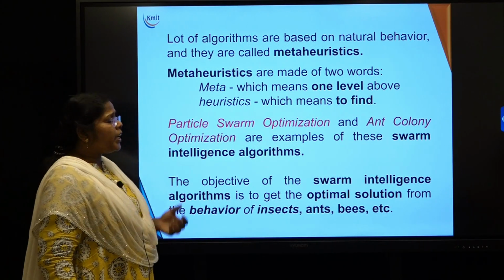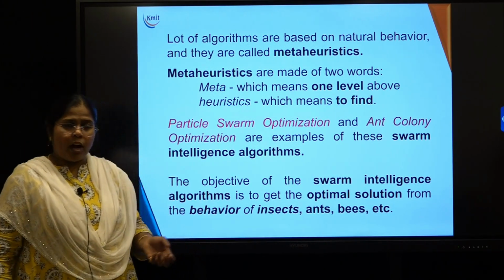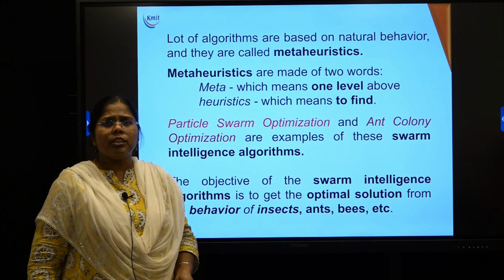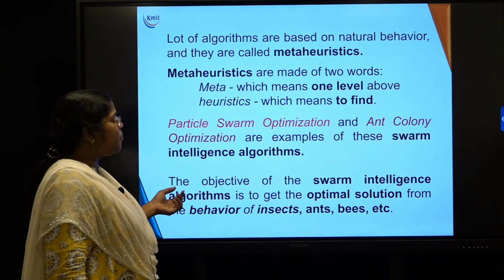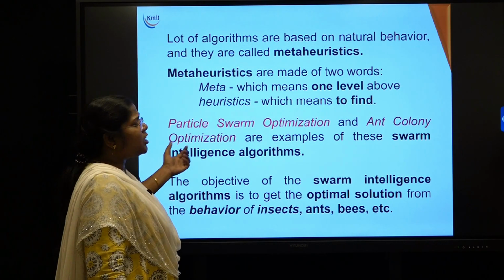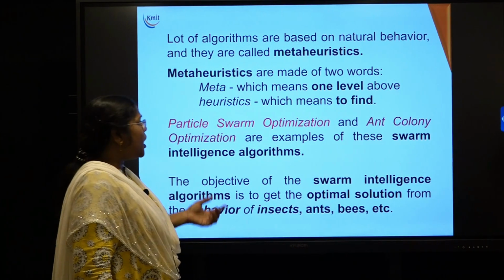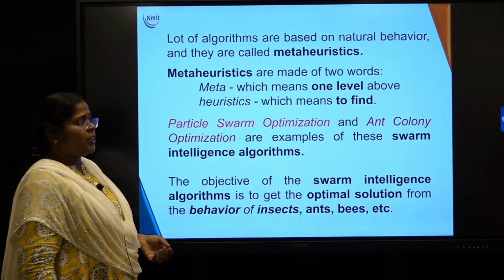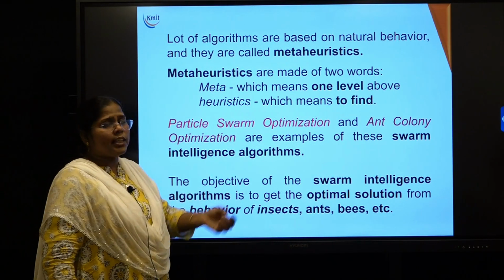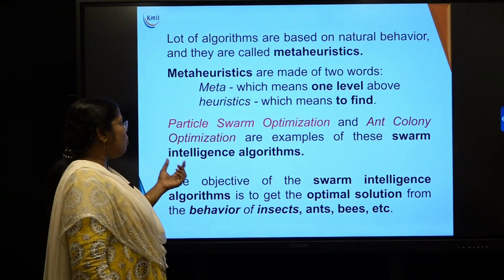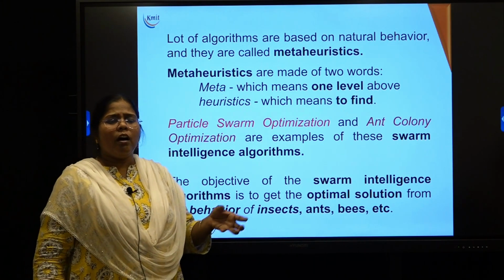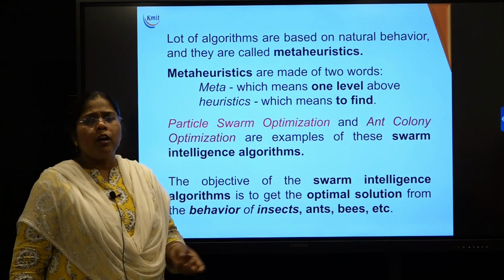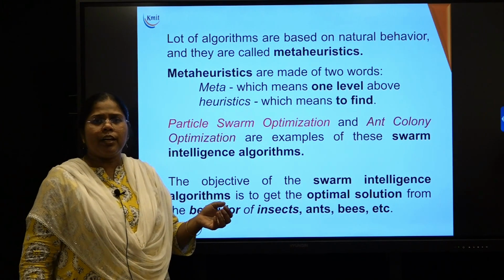Normally in artificial intelligence, to optimize we use swarm intelligence, such as particle swarm optimization and ant colony optimization. These are two examples of swarm intelligence. If you want to track a way using a drone, we use an optimization technique.